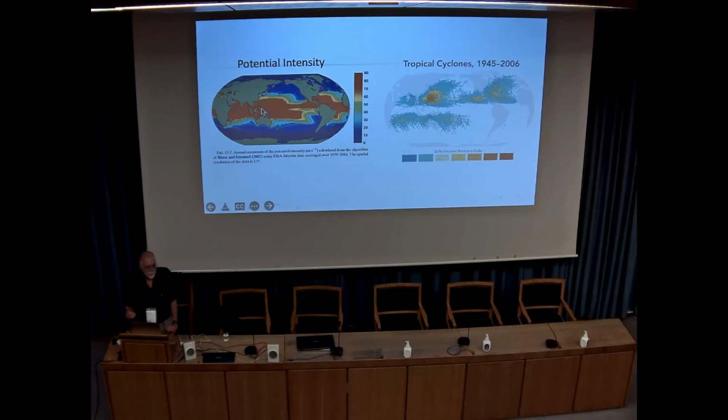This is saying this is the highest speed it could reach. Doesn't mean it's going to reach that speed. And apparently along the equator it actually reaches zero, although if the atmosphere put something spinning there, it could reach this intensity, but there's no rotation at the equator.